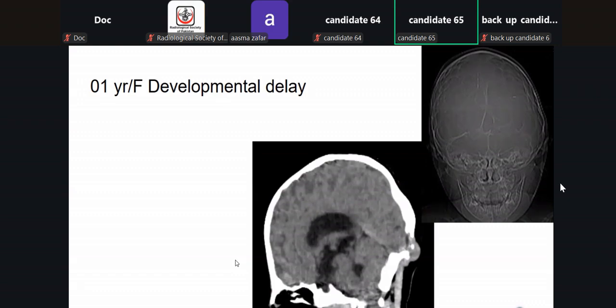On CT scan image, sagittal section, there is a soft tissue mass lesion involving the occipital region with a break in the occipital bone. Developmental delay.